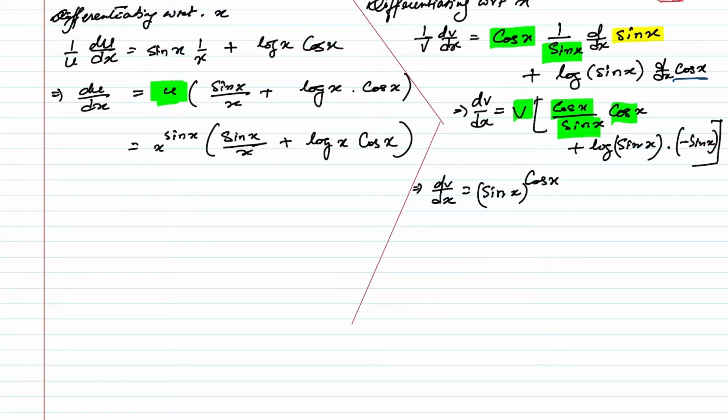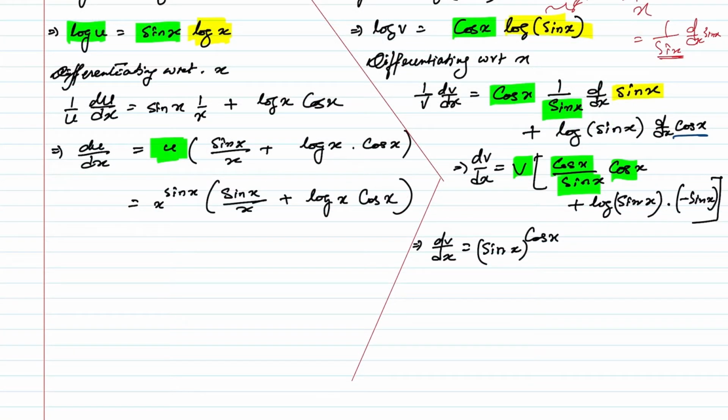So cos x by sin x is cot x, cot x into cos x.